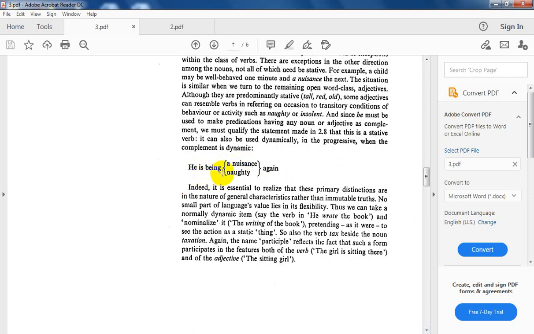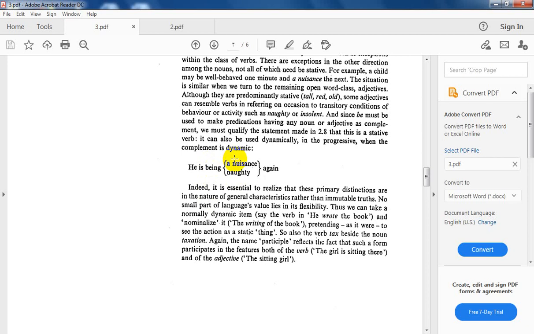He is being naughty, or he is being nonsense. Again, the child is being naughty. Here, being means at the time of speaking. Perhaps later he will calm down, then sleep or so. So at the time of speaking he is naughty. That's why I put ing progressive. You see, this is the point.